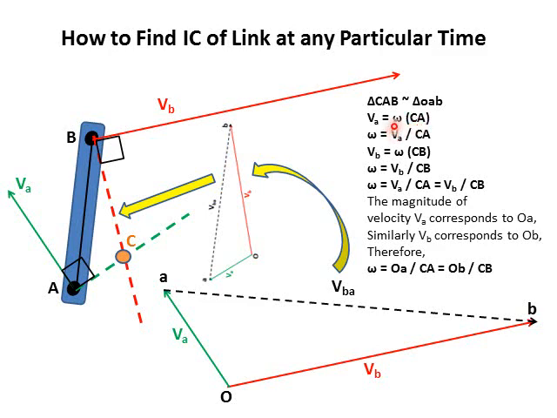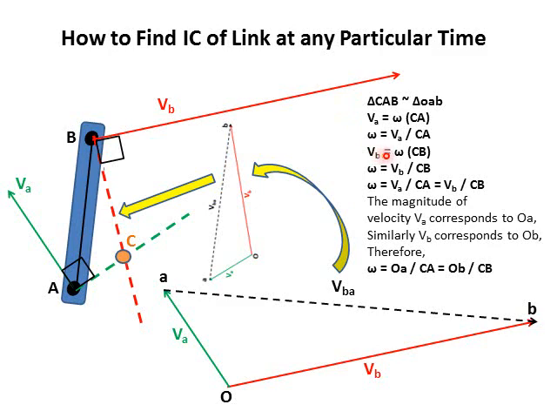If we take this omega to the left hand side and the remaining components to the right hand side, we will have the relationship omega, the angular velocity, is equal to VA by CA. Similarly, VB, the velocity at point B, is equal to angular velocity multiplied by CB.